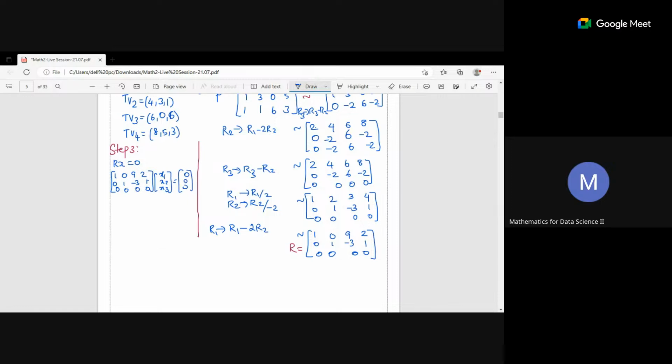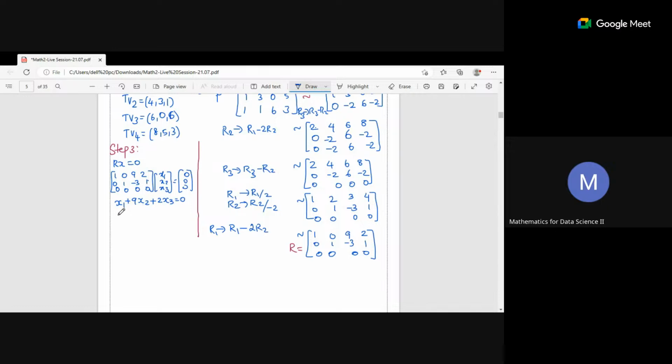Okay, up to this, is this fine? Yes. Okay. So the next step is that x1 + 9x2 + 2x3 is equal to 0.